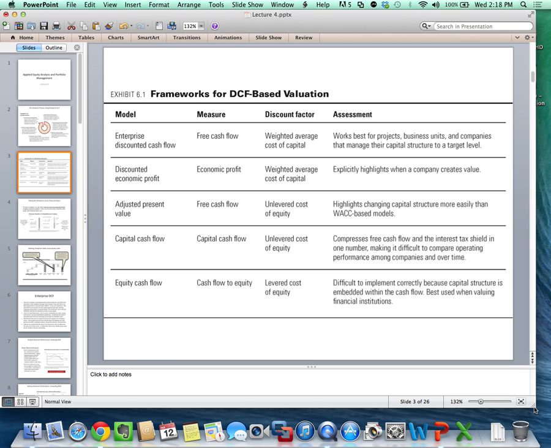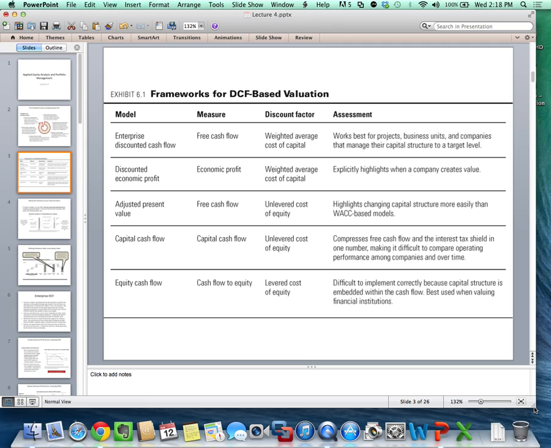What's different about the APV method is in the enterprise DCF method, we assume the capital structure of a company is a target, relatively constant capital structure. But what happens if the capital structure changes? The APV model was created to value the company as its capital structure changes.